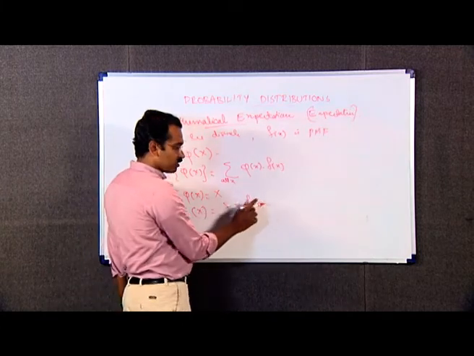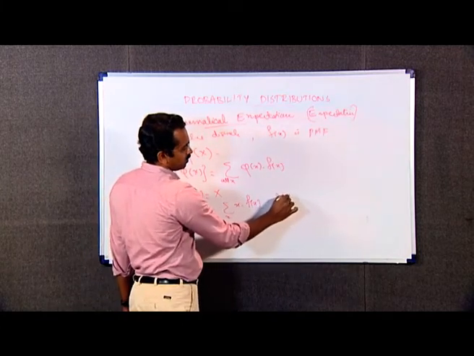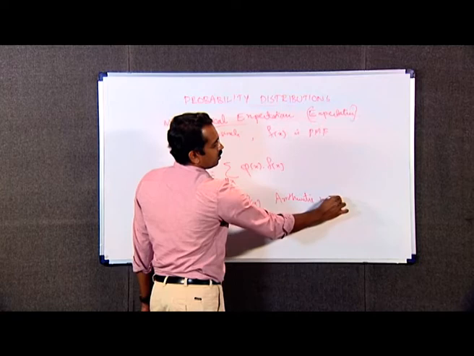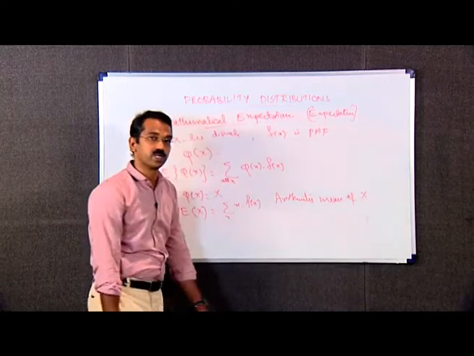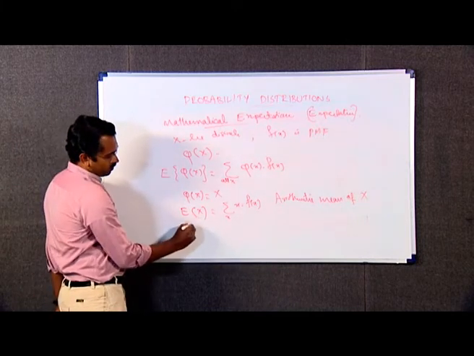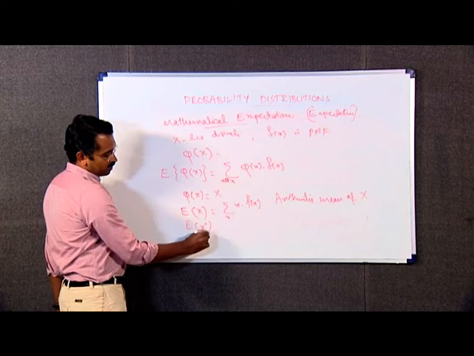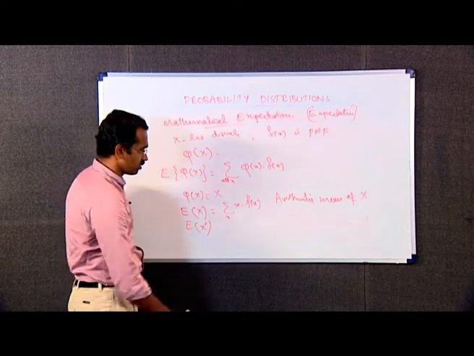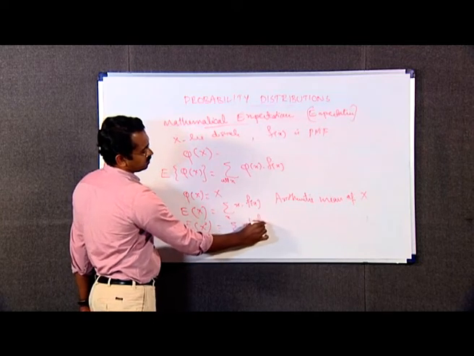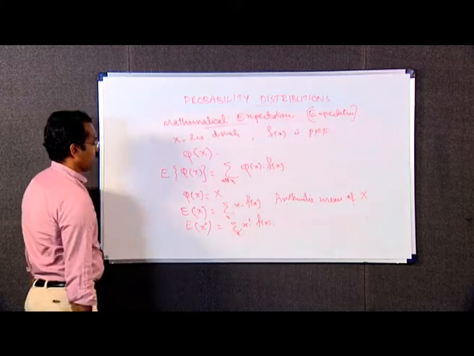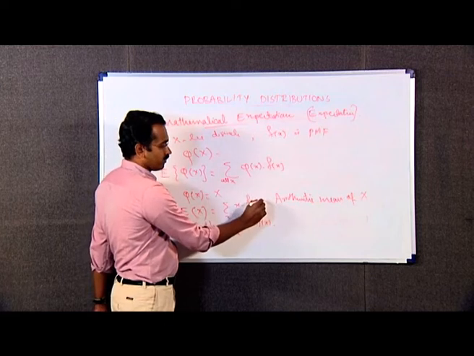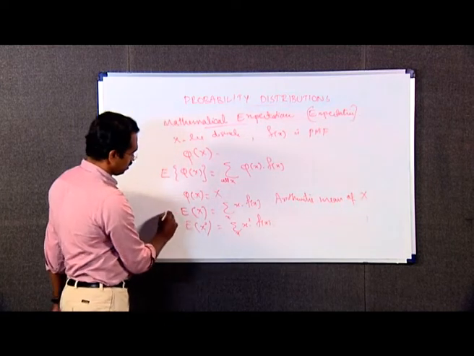This expectation is known as the arithmetic mean of the random variable X. Similarly, if phi(x) equals x square, then E of x square is equal to the summation over all x, x square into f(x). The arithmetic mean of X is denoted by mu.